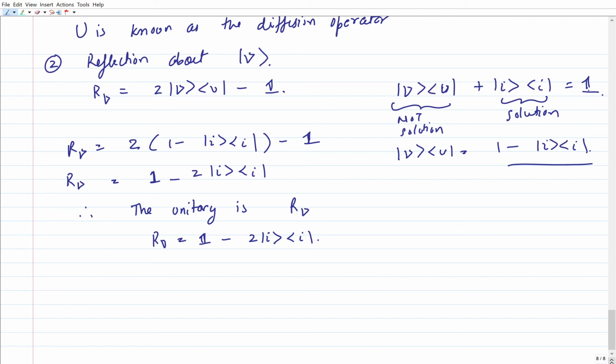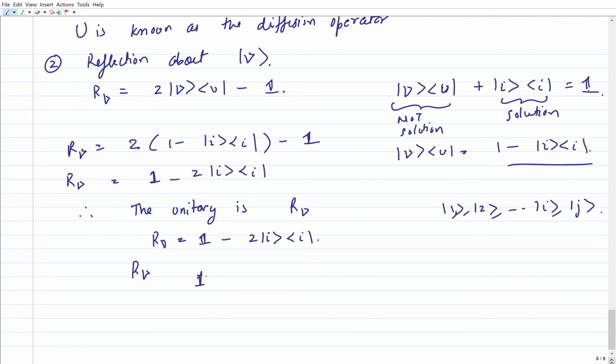So if you look at it, what is RV doing? Let's say there was a state J orthogonal to, all these are basis vectors 1, 2, I, J. They are orthonormal bases.